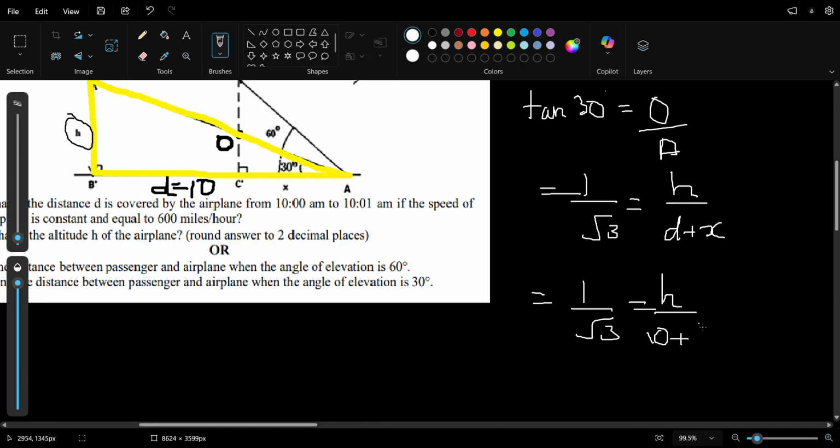Then h is equal to root 3x. So root 3x is equal to h.